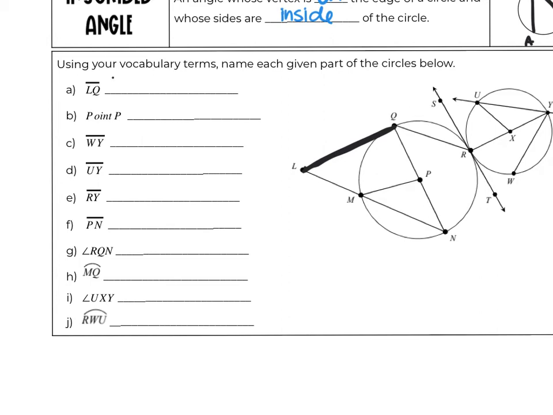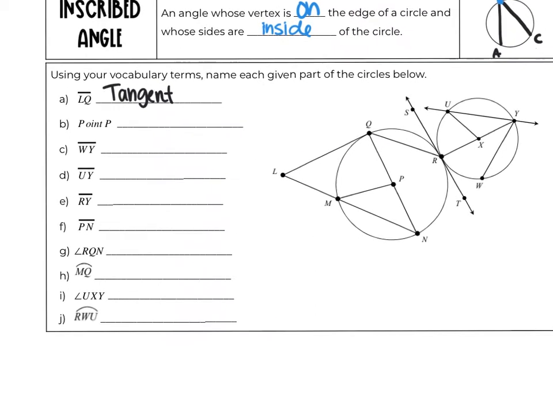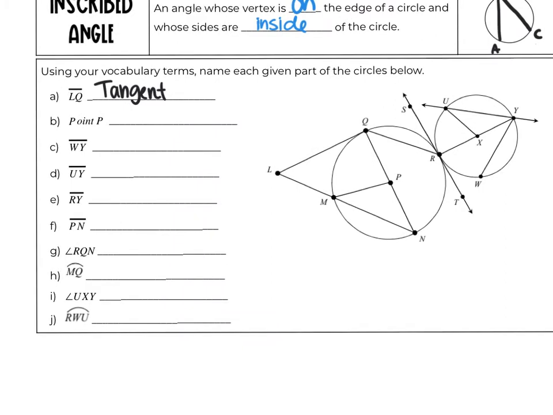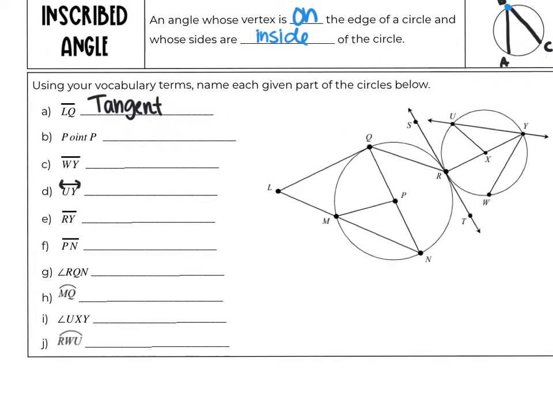In this case, this one would be the tangent because it is a segment and it only touches the circle once. I will make one quick edit: one of these is listed as a segment but should technically be a line. I think it was UY, yeah. UY should have actually had arrows on it, so that makes that one a line.